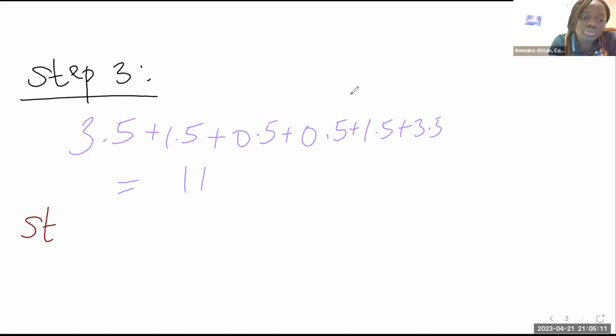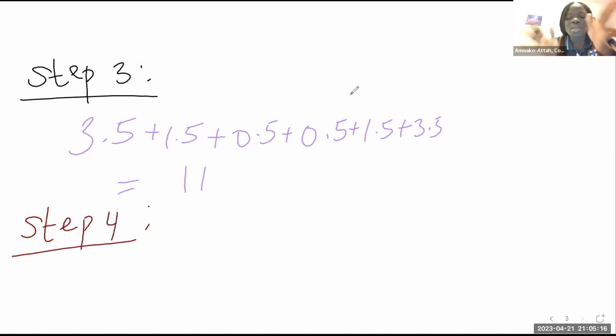Then the last, I told you there were 4 steps, right? The last step is to divide the sum by how many data you had in your initial data. So you're dividing 11 by 6.